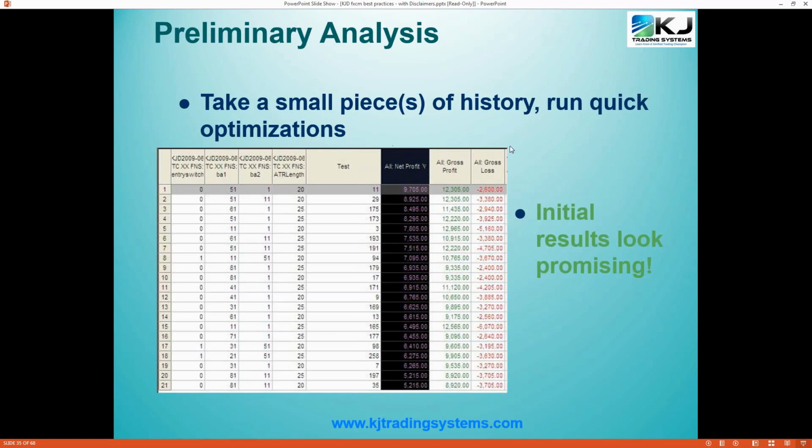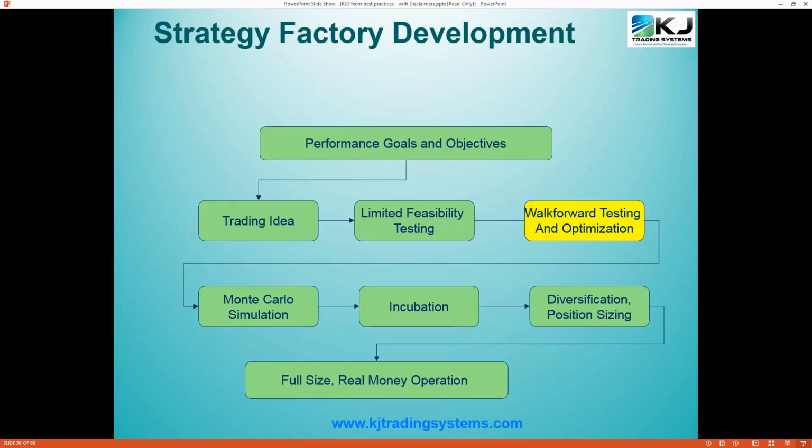So you take a small piece of your data history, you run some quick optimizations. I look at the net profit out of the optimization, everything's good. Hey, that looks promising. Maybe I have something. I haven't tested on all the data, but maybe there's something there. So then I move on to Walkforward Testing. That's the next step.